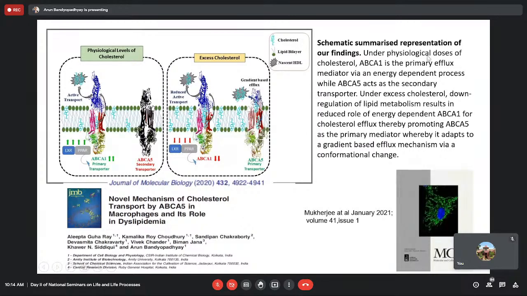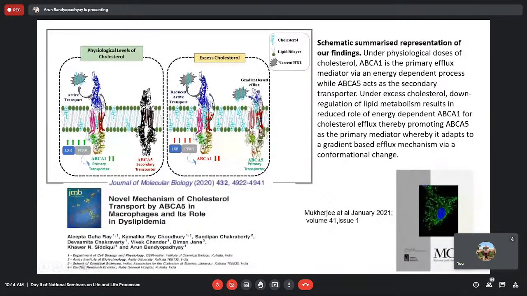So under physiological doses of cholesterol, ABCA1 is the primary efflux mediator by an energy-dependent process, while ABCA5 acts as the secondary transporter. Under excess cholesterol, downregulation of lipid metabolism results in a reduced role of energy-dependent ABCA1 for cholesterol efflux, thereby promoting ABCA5 as the primary mediator, because of the gradient-based efflux. It adapts to the gradient-based efflux mechanism by conformational change.